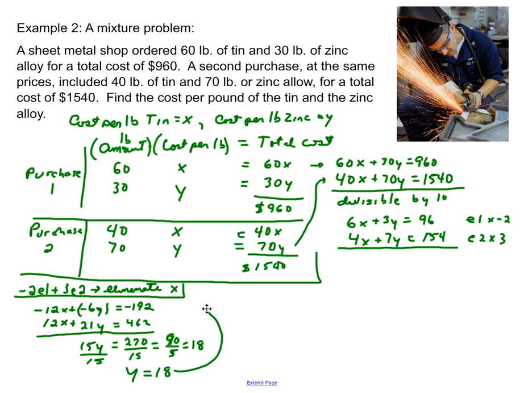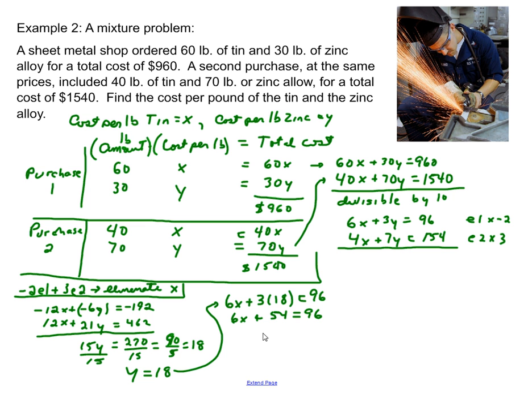And so now I can go up here and solve for x using one of my two original equations. I'm going to use that first one. 6 times x plus 3 times y, in this case that's 18, will equal 96. So working this out, 6x plus 3 times 18 becomes 54. That still equals 96.